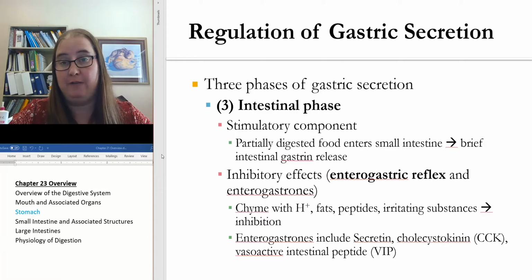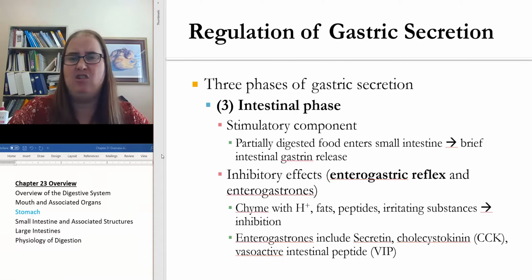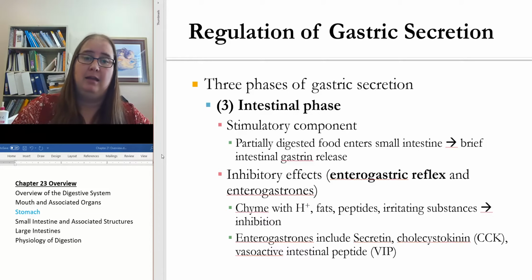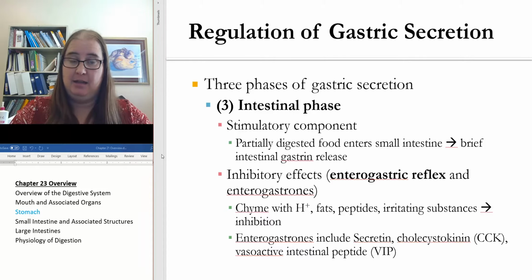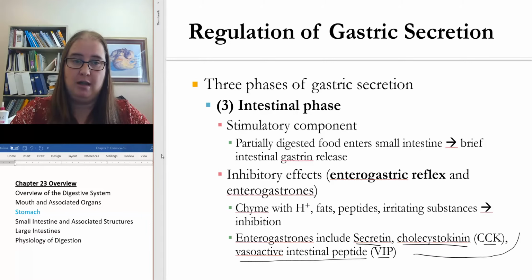This entry of the chyme that has the hydrogens and the fats and the peptides is irritating because it's so acidic, and it triggers the release of hormones from the small intestines. These hormones are secretin, cholecystokinin, which is CCK, and vasoactive intestinal peptide, or VIP. These all get secreted and go and inhibit gastrin.